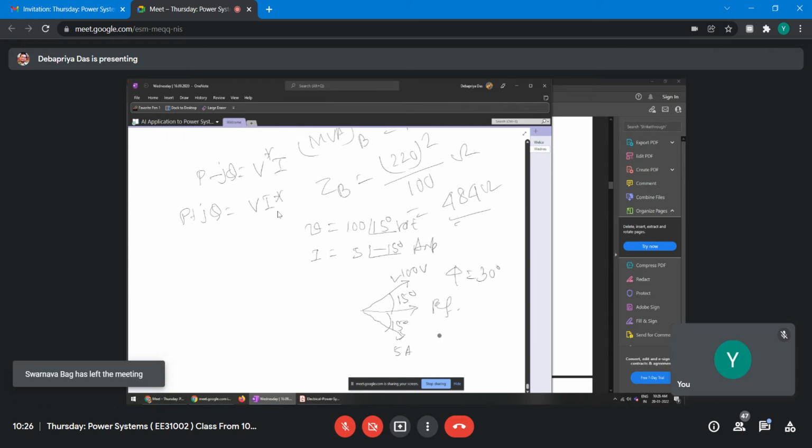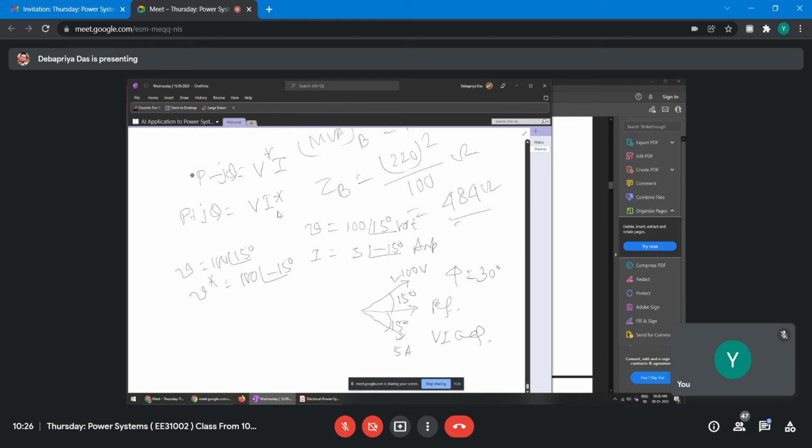Then what will be the power? Power should be VI cos phi, right? If you do not consider the conjugate, you cannot capture the power factor angle. Therefore, here V is 100 angle 15 degree, so V conjugate is 100 angle minus 15 degree, right?